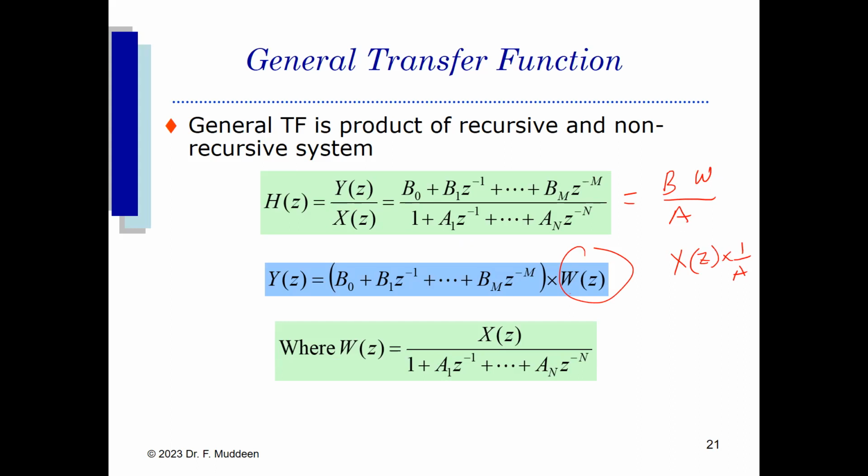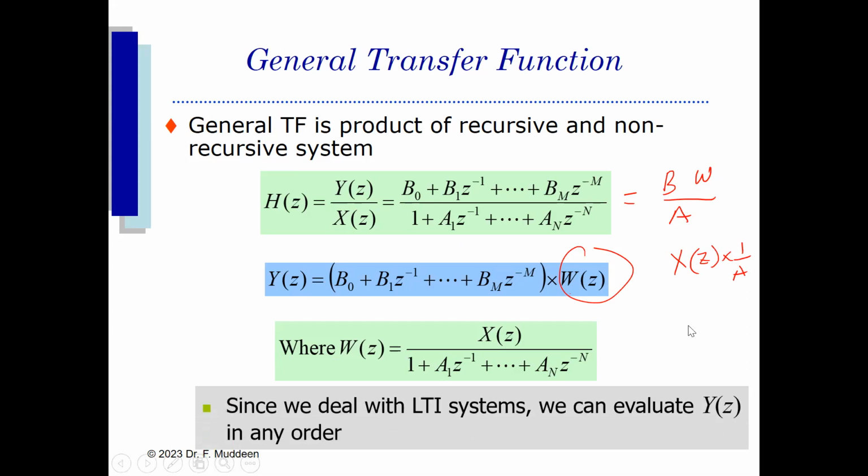So if that is the case, then remember we're dealing with LTI systems. I could do this in any order. In other words, as it is right now, I have Y is all the B's and associated z's multiplied by W(z), which is X(z) over A. Because in an LTI system, I could actually put it the other way around.